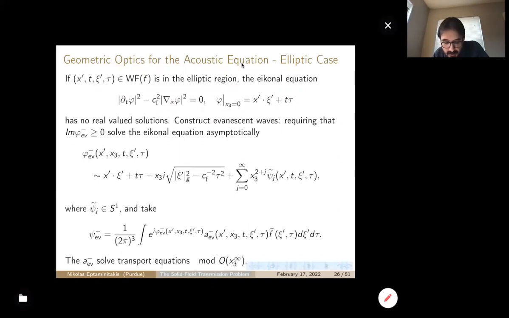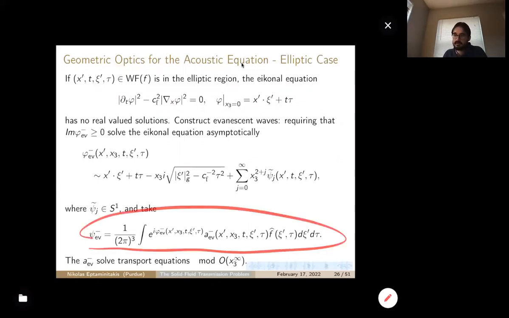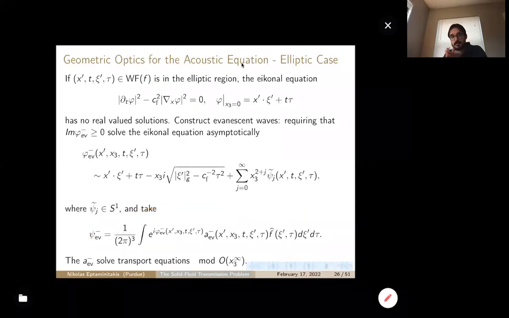And you can solve the transport equations also to infinite order. This type of parametrix that you can construct gives rise to what is called an evanescent wave. This is a wave that decays exponentially fast as one leaves the hypersurface. And those waves don't propagate singularities inside the body.